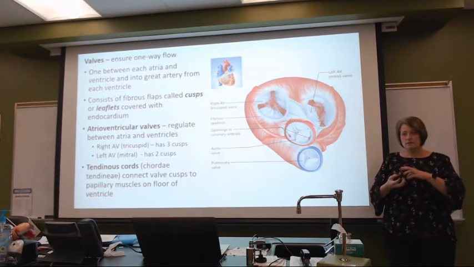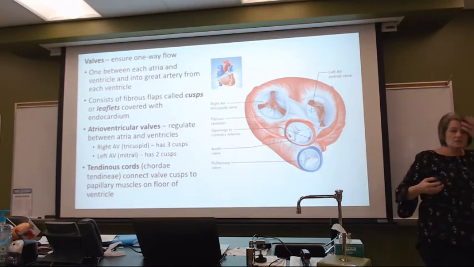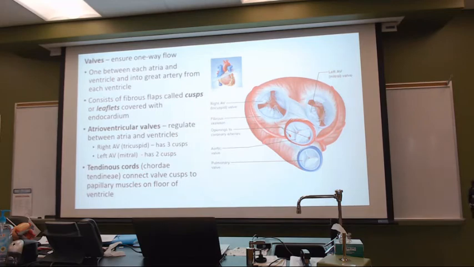Yes, no, maybe? Can you say that again? Okay, so this flap is the area that is in between the heart and then the vessel that it leads into. So this little flap, on the heart side, that flap is covered in the endocardium.